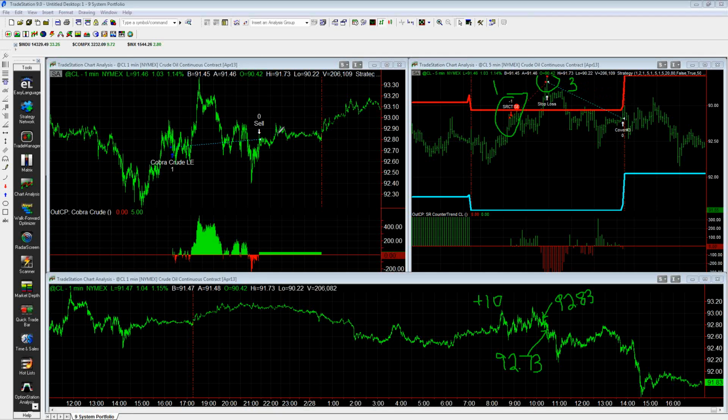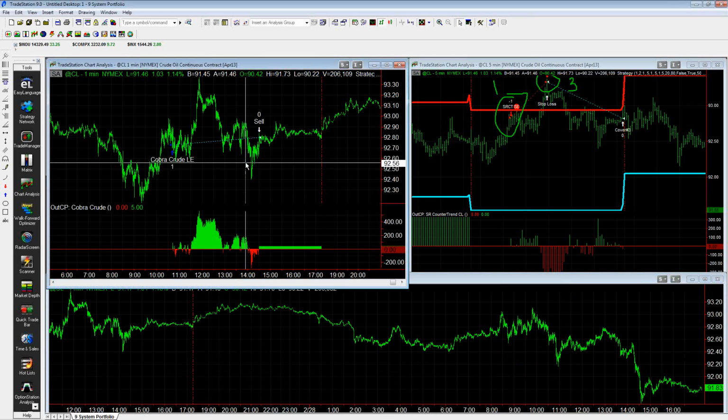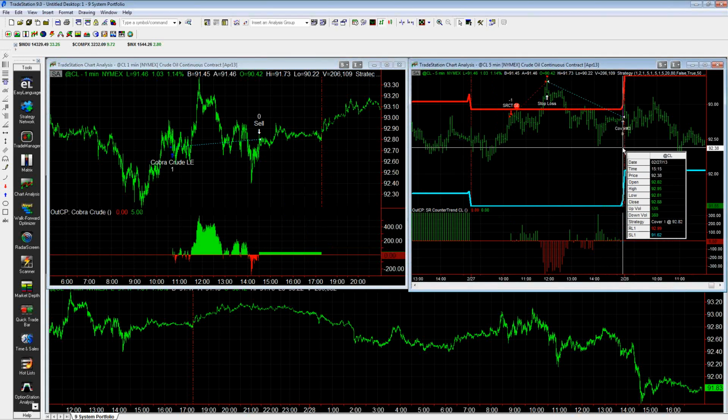And then coming in at the end of the day, I'm going to get the normal drawing tool here. And this strategy then exits at 92.80. So you sell one at 92.80 at 14:30 Eastern Time, and then you come over here and you buy one to cover your short position at 3:15 p.m. It's at the open of that bar, so it's really 3:10 p.m. So 40 minutes later, you buy it back at 92.82.